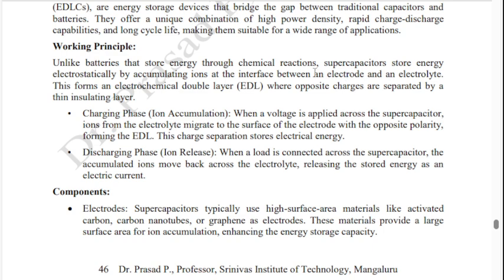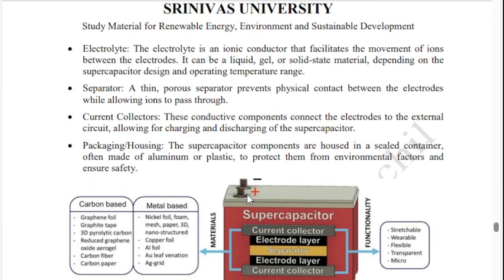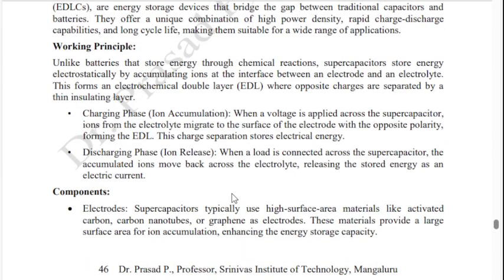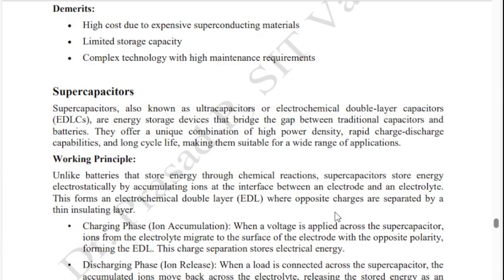Therefore, if an electrode, you know what an electrode is, the one marked with a plus sign or minus sign, both are the electrodes where the electricity supply is given. When an electrode is given a positive charge, obviously the negatively charged ions will come and sit near it, or be stored in that electrode.